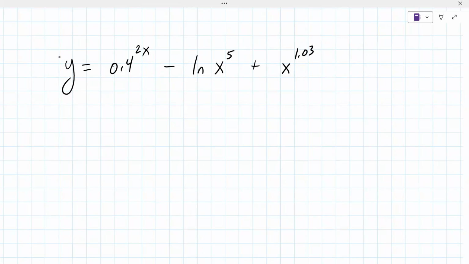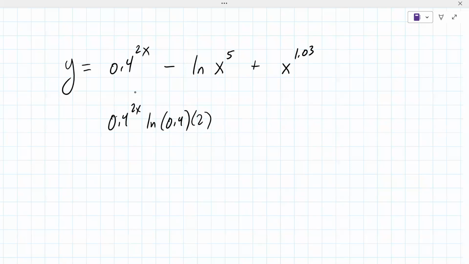So 2 times 0.4 to the power of 2x times ln of 0.4 minus. Whoop, there's a little bit more. What's the derivative of the inside function? Maybe you said it and I didn't hear it because I was muted. It's 2. Yeah. Okay. All right.